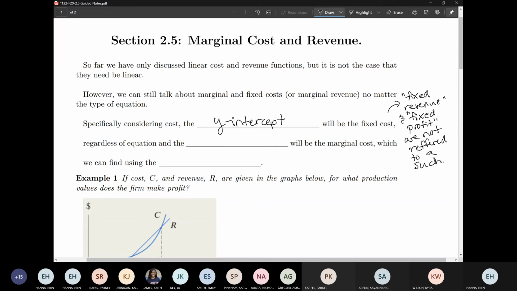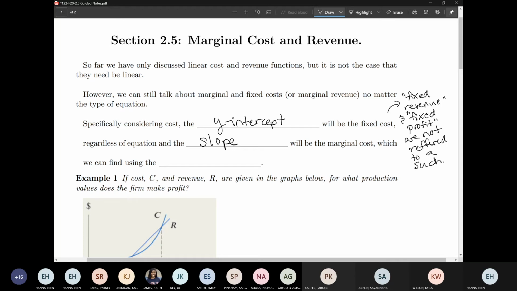It's usually referred to just as a fixed cost. But the y-intercept of revenue and profit still tells you the revenue or profit when you don't sell anything, which is exactly what the fixed cost is doing. But regardless of the equation, the slope will be the marginal cost or marginal revenue or marginal profit. So the marginal is used across any of them. You can refer to that and no one's going to look at you weird.